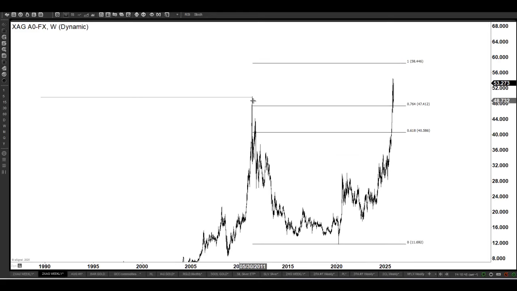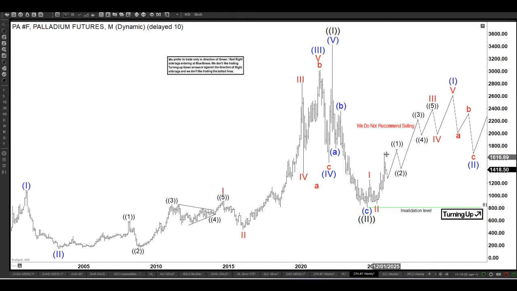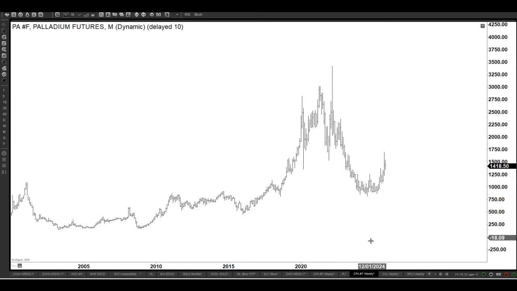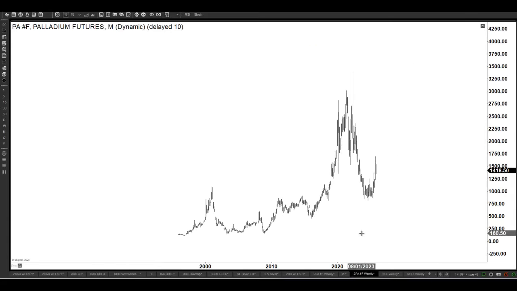But palladium can be the silver in 5 years. And the palladium target comes very high. The palladium highs or target comes very high.